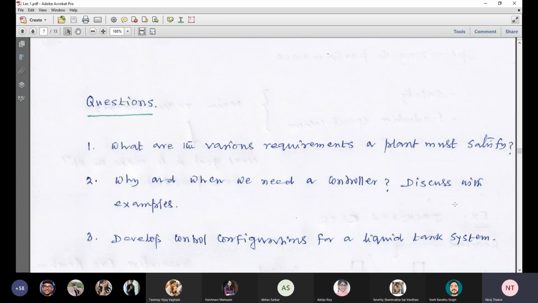Shivam Raj, are you there? Yes, sir. Can you tell me what is control configuration? What do you mean by control configuration? How does it make the process different?